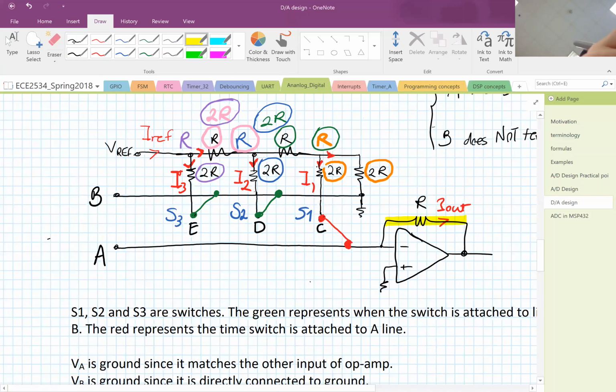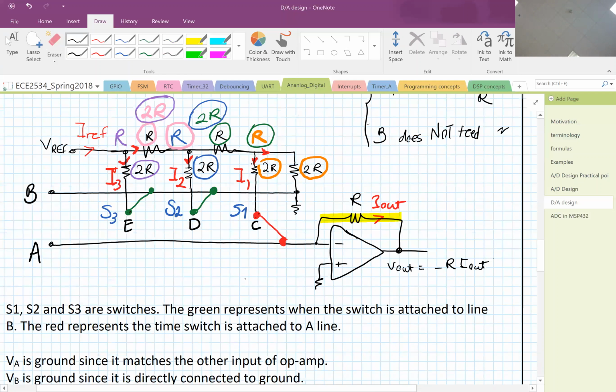But over here, the voltage V out is minus R i out. What you would like to change on this is to make it something like minus VREF minus R i out.